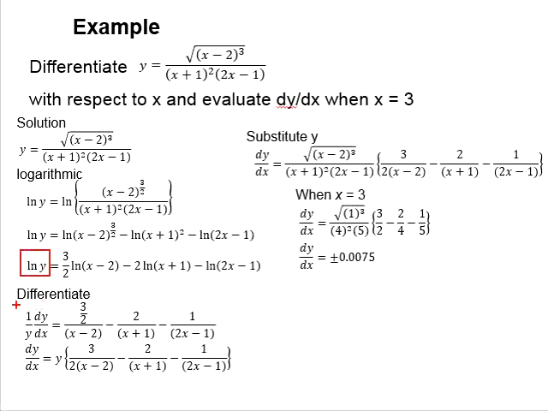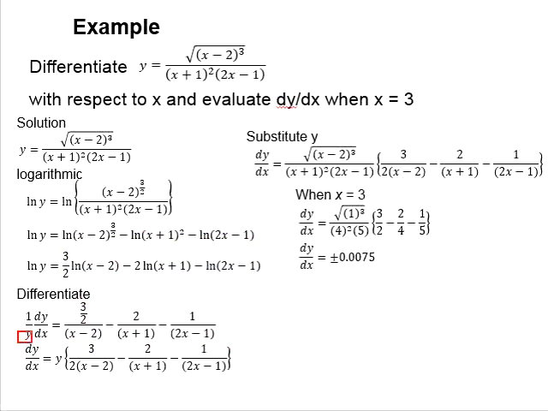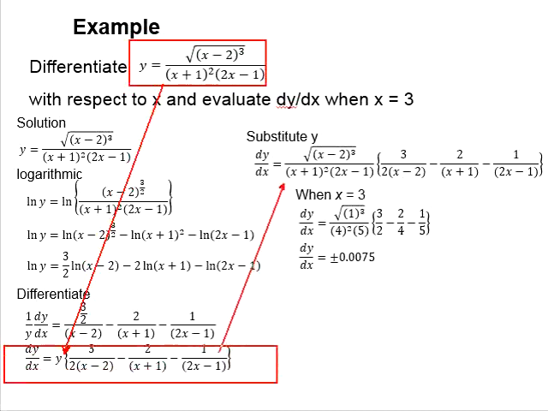Differentiating log y will give you this, and differentiating this term will give you this. Move the y to the opposite side, you will get these equations. It is given that y is this. Substitute it into the equation here, you obtain the dy dx.